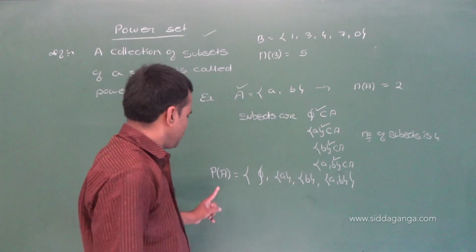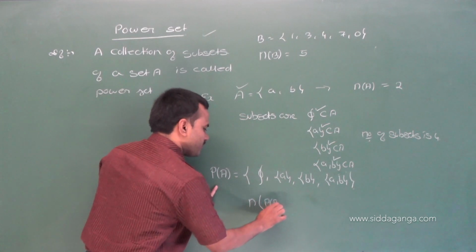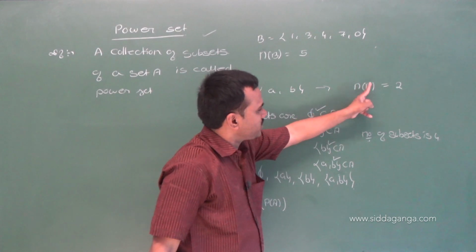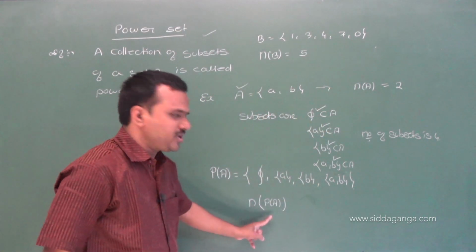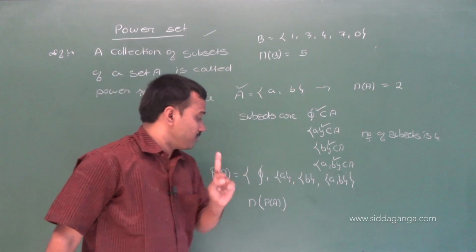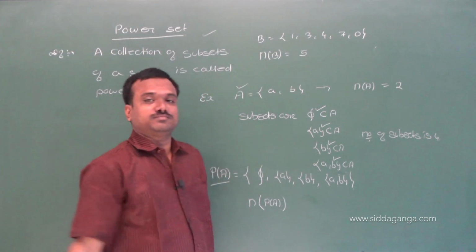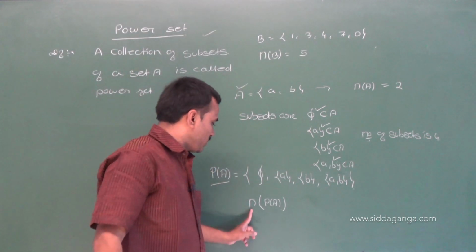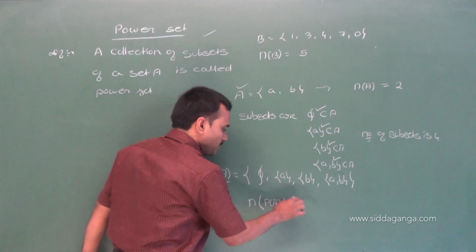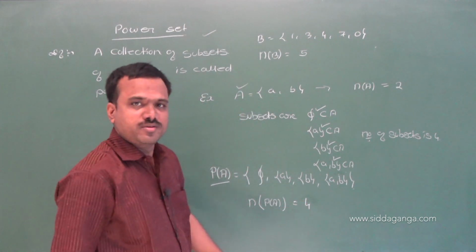So N of P of A. N of A means number of elements in A. N of P of A means number of elements present in P of A. Understand? How many elements are present? 1, 2, 3, 4.